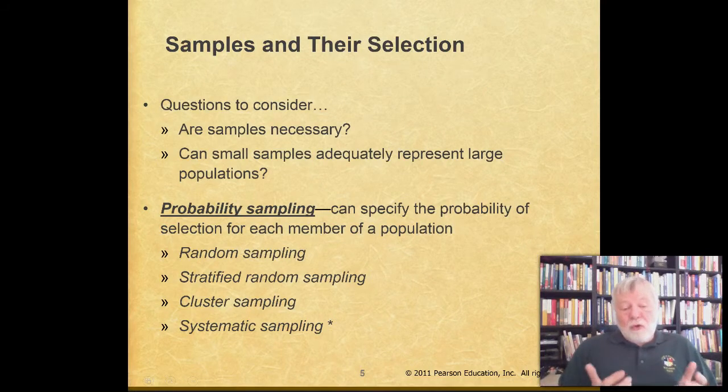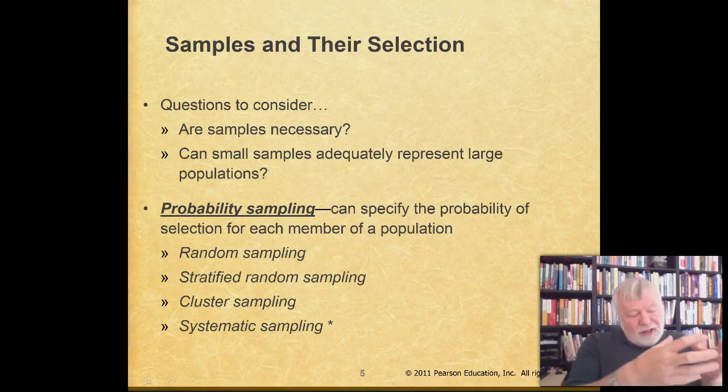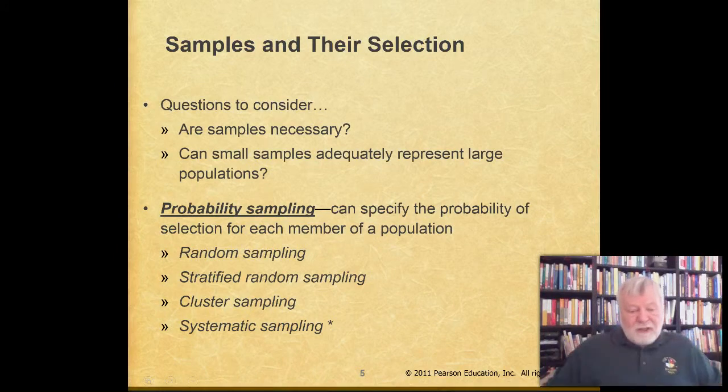So rather than doing totally random sampling, we use cluster sampling, where we then randomly select the participants from the clusters that they are already organized into, the PE class in which they participate. At times we use systematic sampling.